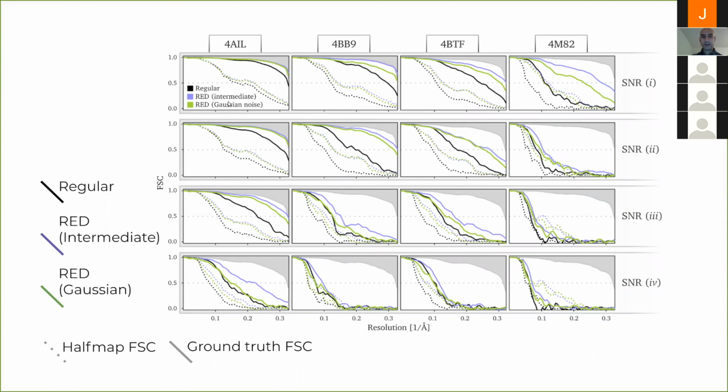Whereas if you train it on actual Relion reconstructions, so you know what your ground truth is because we simulated the data, and you have a bunch of Relion reconstructions. We basically ran Relion a lot of times on a bunch of different data sets and generated a bunch of different intermediate Relion results. If you train your denoiser to go from those to your ground truth, that's when you get these purple curves here.